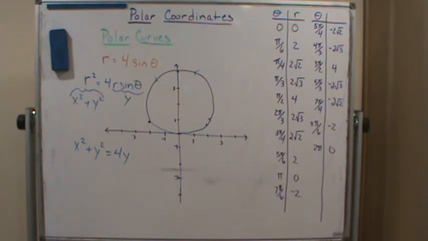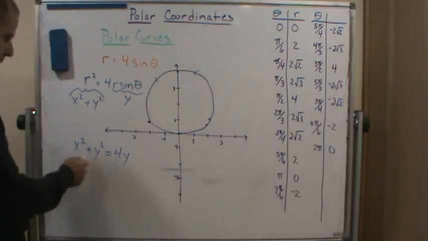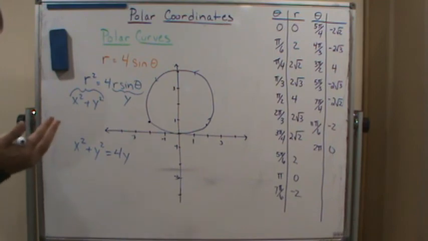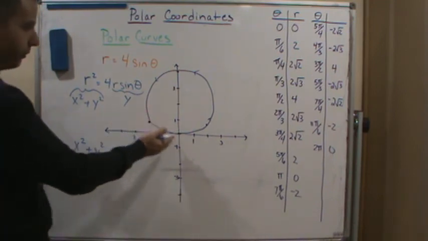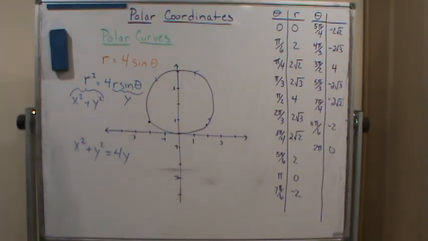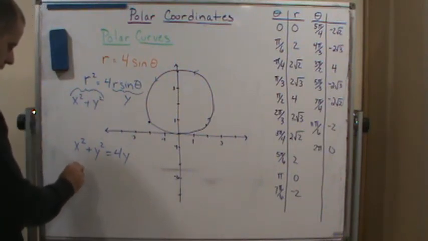So it's a circle, right? We want to put it in the standard form of a circle, or what we call the general form, or center radius form of a circle, if you want to put it that way. So what we're going to do is subtract 4y from both sides.